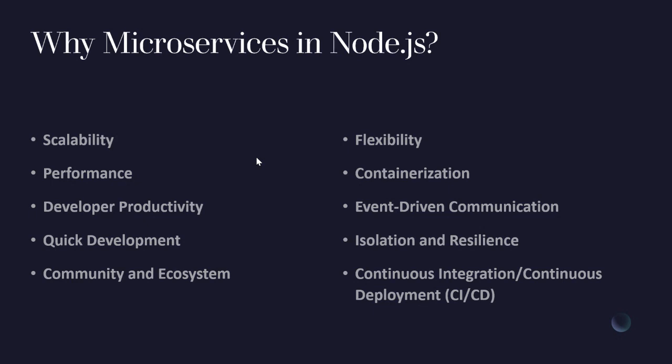Second one is performance. Node.js's single-threaded, event-driven model can provide excellent performance for input-output bound operations. Sometimes it is referred to as I/O operations, which are common in microservice architecture when services communicate with a database, external APIs, or any other services.